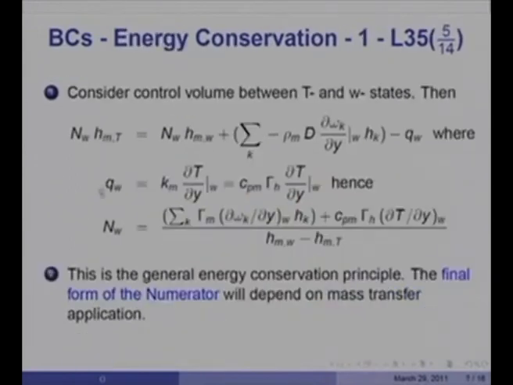Now q_W is equal to k_m dT dy, because q_W is shown inwards, and that would be equal to Cp_m gamma h, where gamma h is rho_m alpha_m dT by dy at the W, and hence N_W would be written as sigma k gamma m d omega_k by dy at W h_k plus Cp_m gamma h dT by dy at W, divided by h_mW minus h_mT.